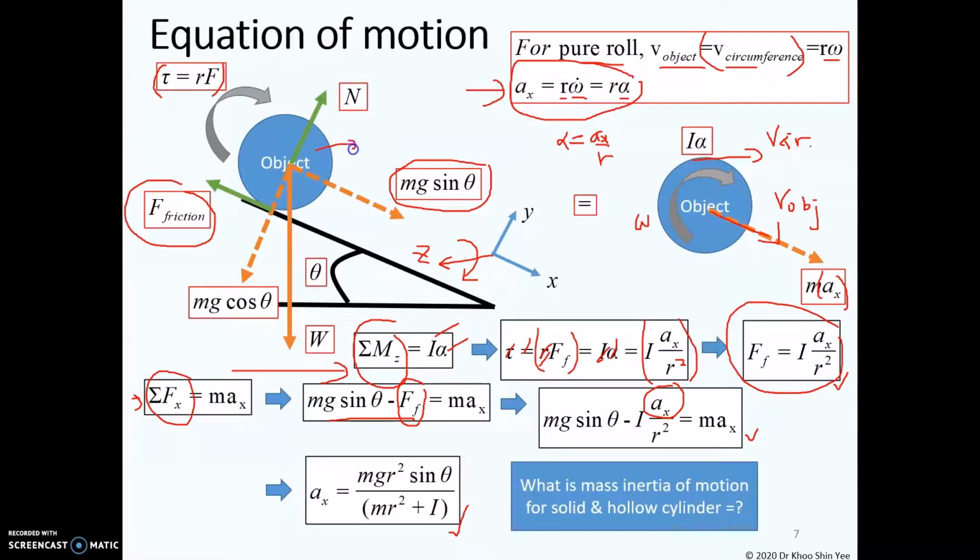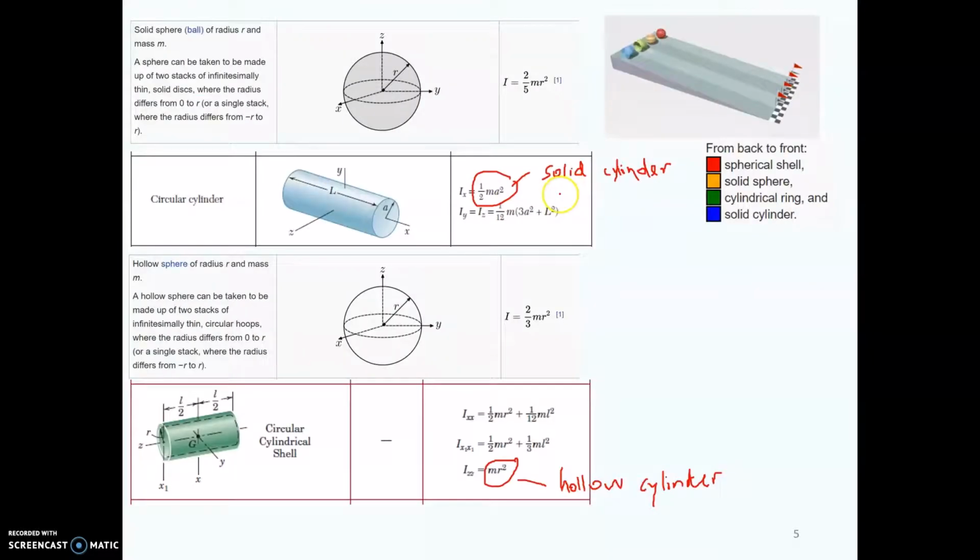So let's say the object here is a solid or a hollow cylinder. You need to find the I, which is the mass moment of inertia for these two objects. Previously, you have learned that the mass moment of inertia for the solid cylinder and hollow cylinder in this direction that we are interested in is equal to these two formulas.